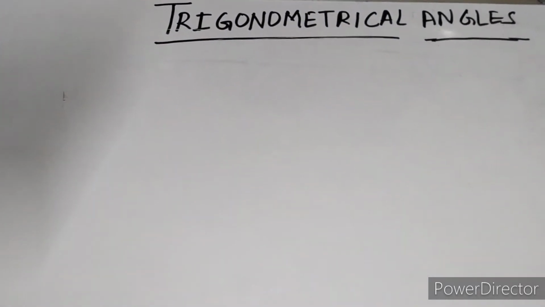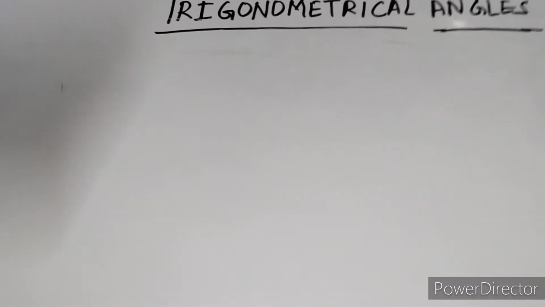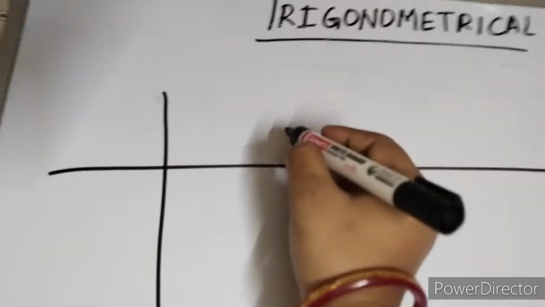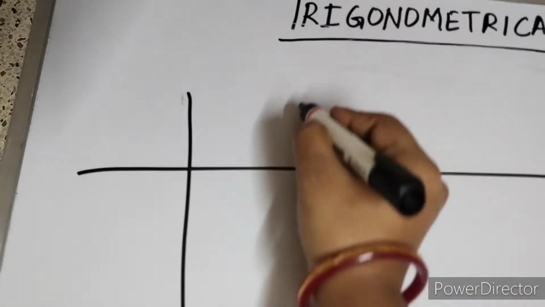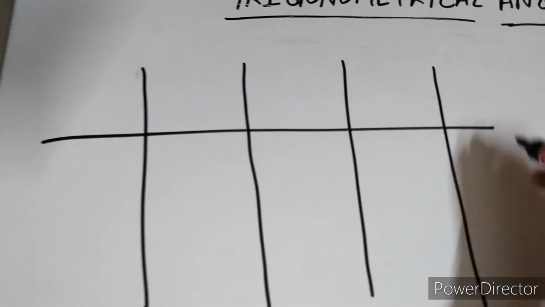When you practice lots of sums, then you remember the angles easily. You know how much is sin 30 or cos 60 or whatever. But even if you forget, there is a shortcut method which I can tell, in case of any emergency you can use it, if you forget the values of the angles.